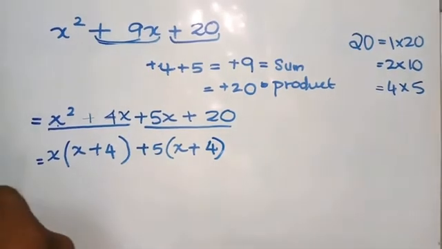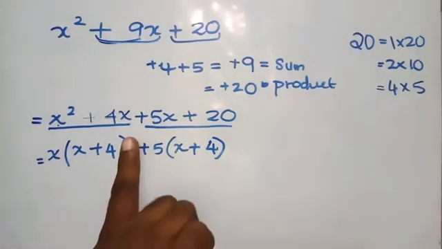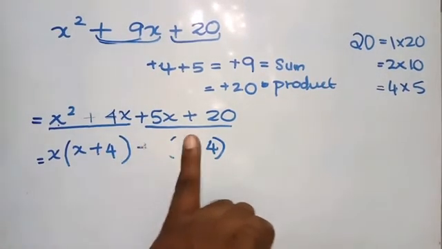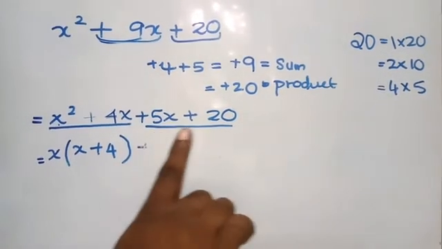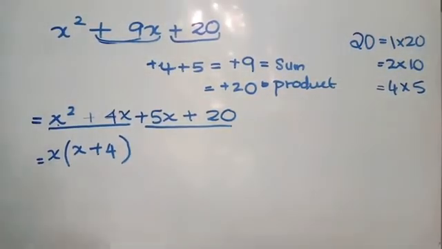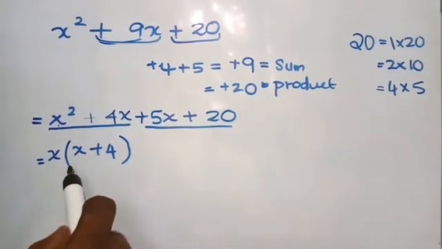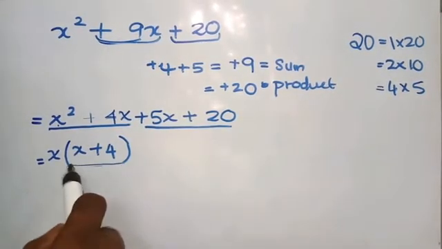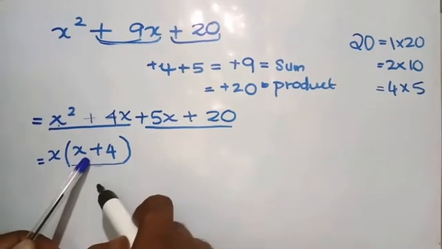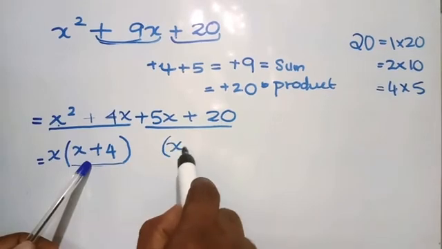Okay, for this I'll show you one shortcut. This is not a mathematical step, this is just a shortcut. What we need to do is, instead of thinking about this one, look at the bracket here. The binomial you received here is x plus 4. The same x plus 4 you write here also.